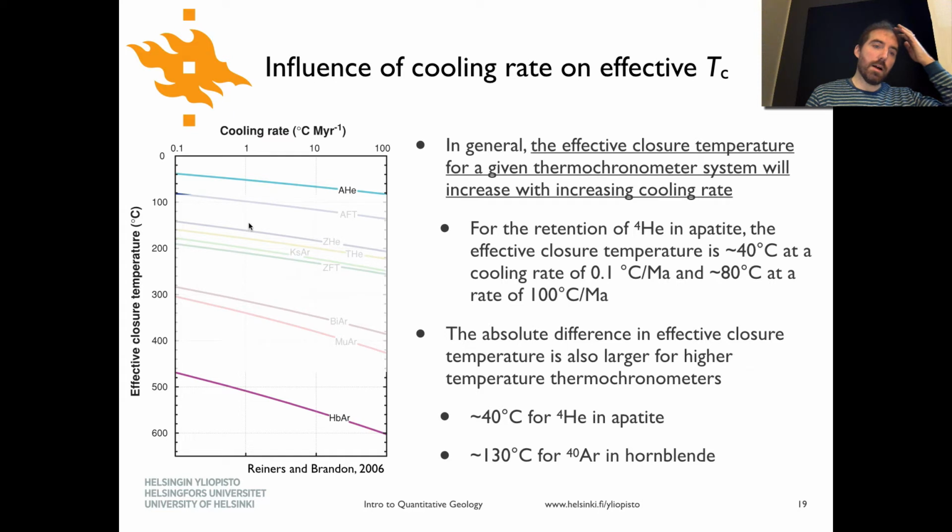And so you can see a plot here then of cooling rates. And so this is essentially just how quickly is the crystal cooling down. So 1 degree per million years, 10, 100 degrees per million years. This would certainly be a pretty fast cooling rate. If you think about it, this would be going from 100 degrees to 0 in 1 million years.